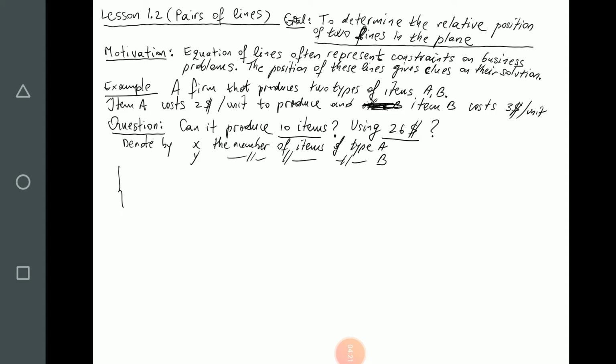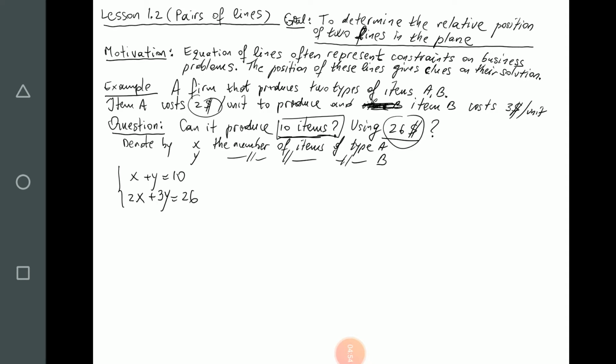If I want to produce 10 items, that means the sum of the two variables, x plus y, should be 10. If I want to use precisely $26, then the total cost of production, since type A costs $2 per unit, I multiply that by the number of items produced, so 2x, added to the cost of producing y units, $3 each, so 3y, and this should be $26.